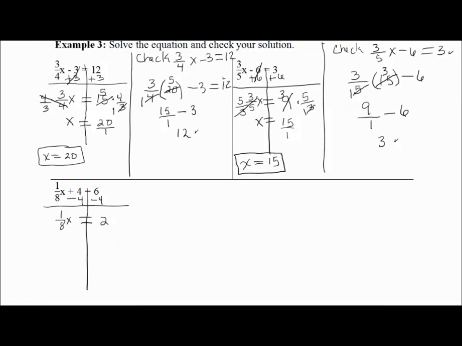The reciprocal of 1 over 8 is just 8 over 1. So I'll multiply both sides by 8 over 1, which is actually just 8. Okay, that side cancels out. Bring down my x. Now 2 times 8 is 16. So my solution is just x equals 16.